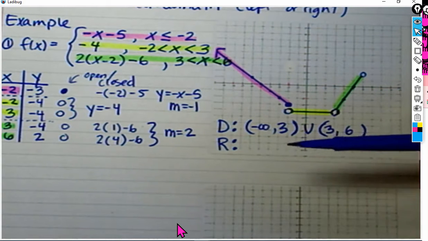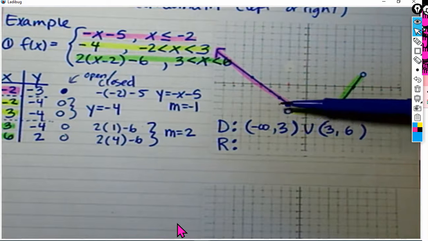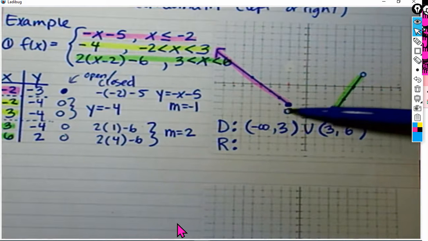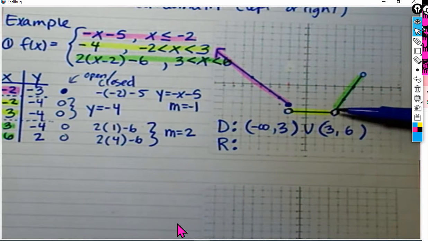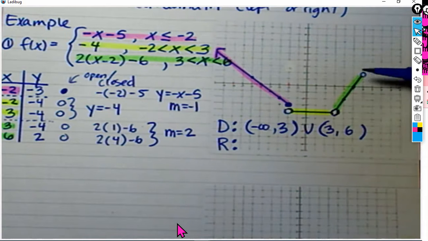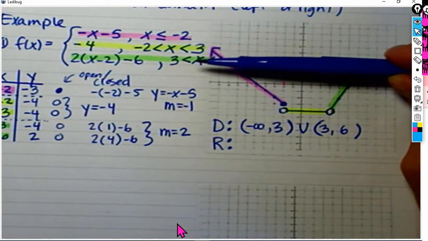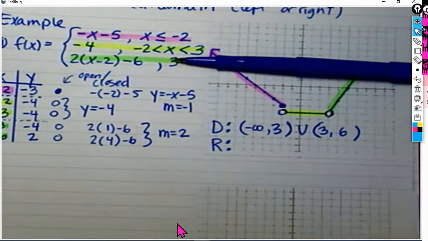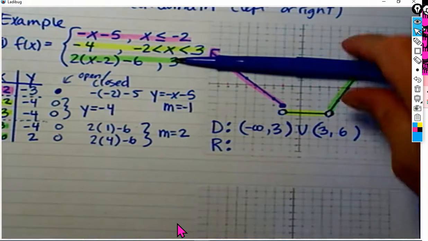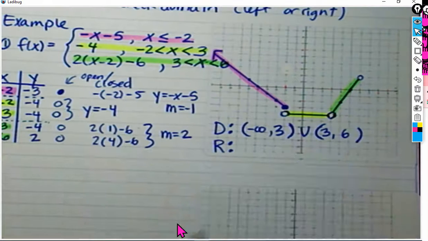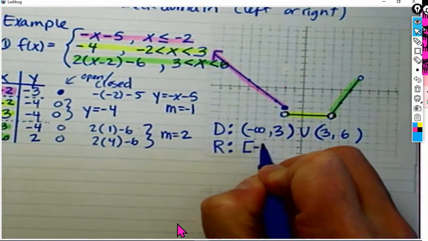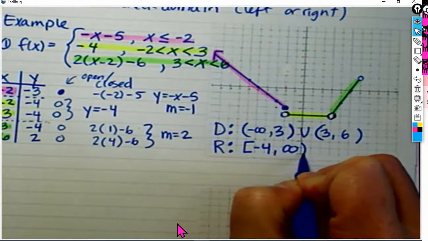So negative 4 is included. Okay, notice here that I'm not touching this gap, but the green line is. Okay, we go up, up, up. Then I get here. This y value looks like it's not included. However, I am touching the graph in 2 places, and the 2 is included on the pink. Included. So the range is actually negative 4 to positive infinity.